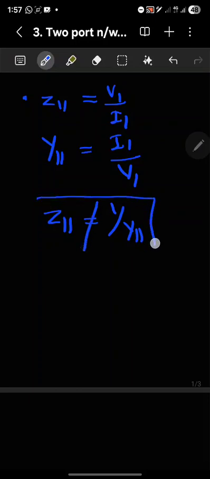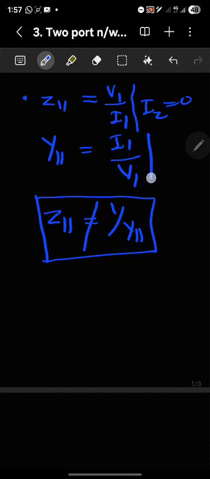No, it is not equal. Why is it not equal? What are we missing here? A very important thing: Z11 is not simply V1 by I1. The statement is not complete. We also have to write I2 is equal to 0. And for Y11, we also have to write V2 is equal to 0.